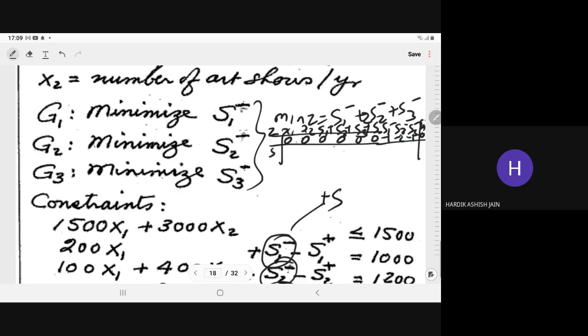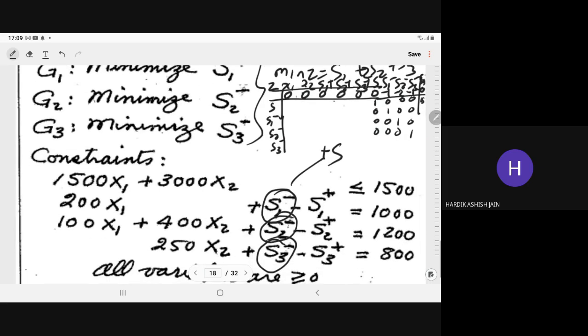The starting basic variables are s, s1 minus, s2 minus, s3 minus. So automatically at this place we have the identity entries 1 0 0 0, 0 1 0 0, 0 0 1 0, 0 0 0 1, and on the right hand side we have 1500, 1000, 1200 and 800.